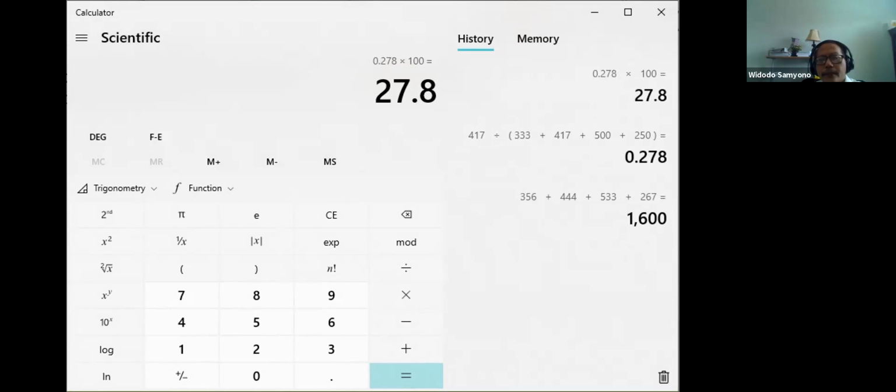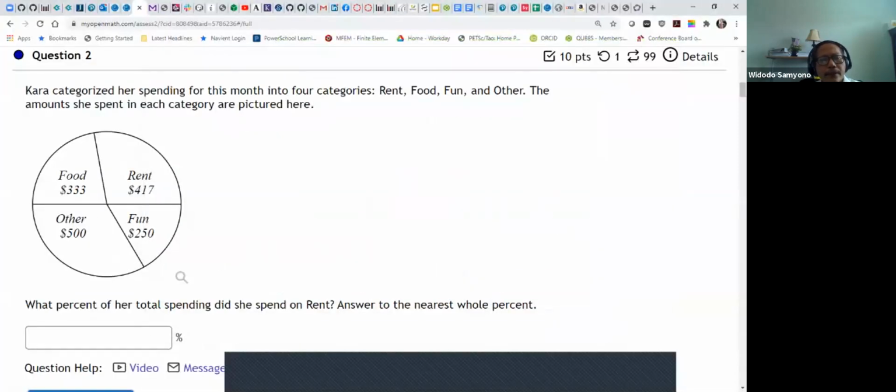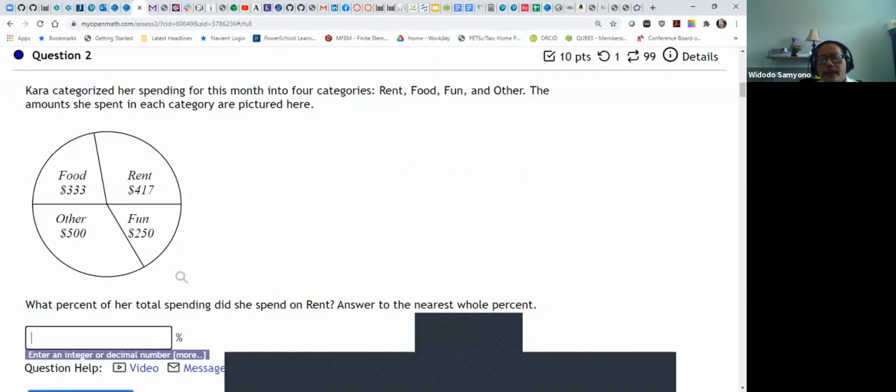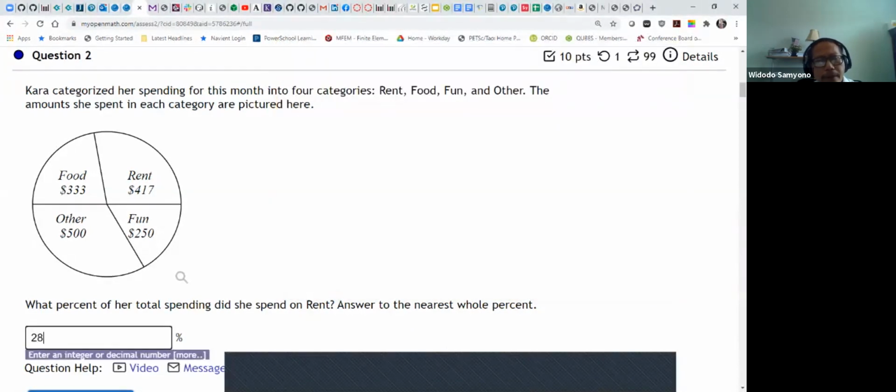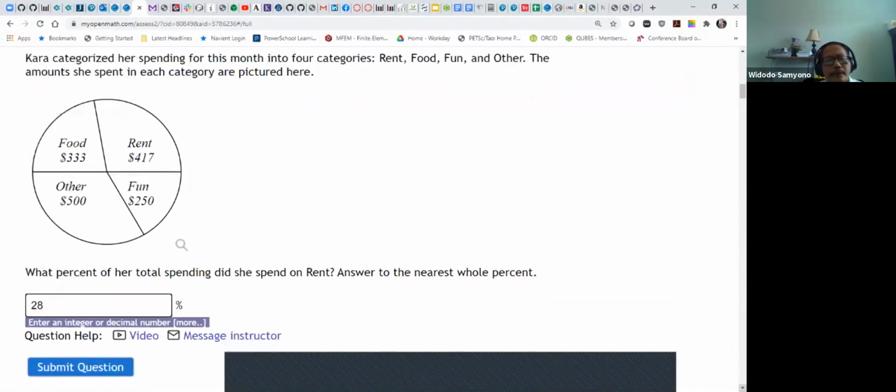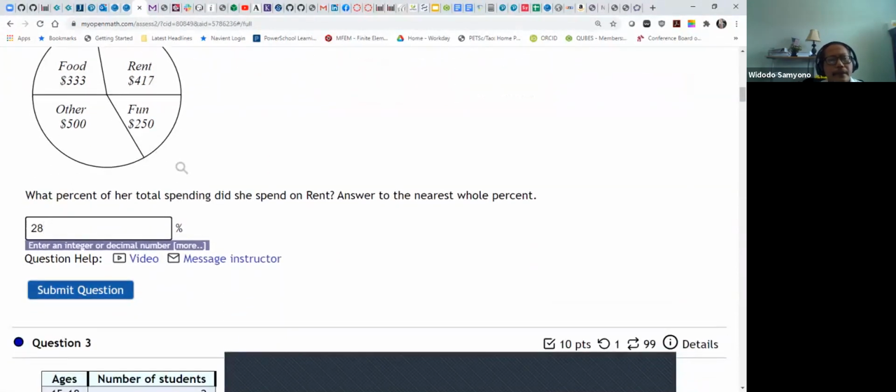So in the calculator, you have 27.8. So if you want to write it as a whole percent, the answer will be 28%. So submit button.